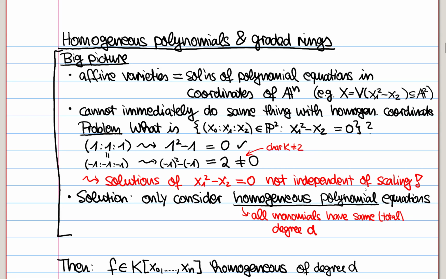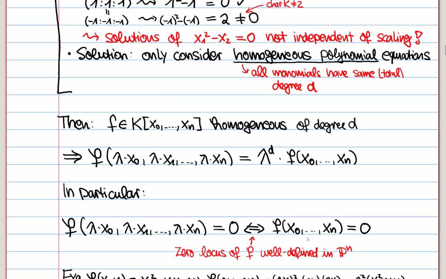And so that's a problem. But this problem can be solved if the polynomial equations that you input are given by homogeneous polynomials, which means these are polynomials such that all the monomials which appear in there have the same total degree d. And that's the first observation that we want to make.